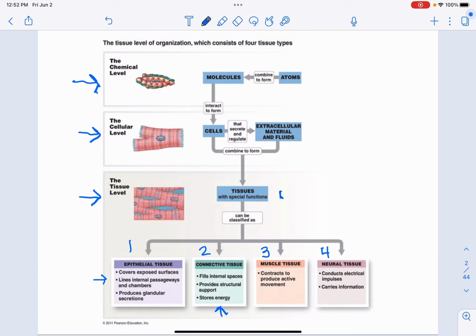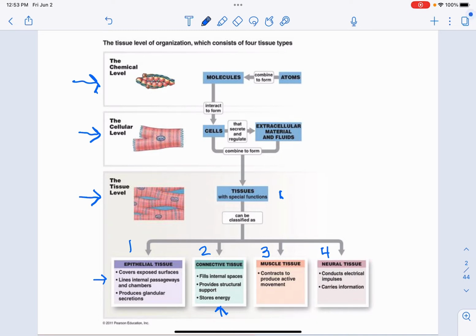All right, and the third type of tissue is muscle tissue. Within muscle tissue, we have 3 different types of muscle tissue. We have skeletal muscle tissue, like your biceps brachii or your gluteus maximus. We have cardiac muscle tissue, which makes up the heart.